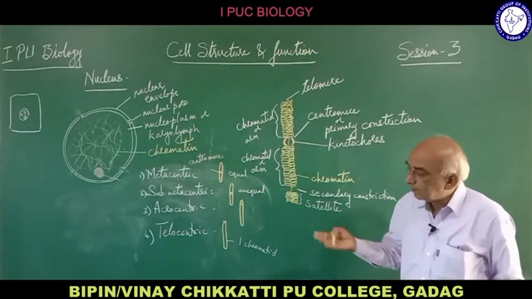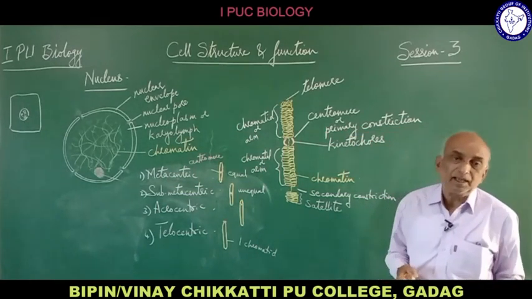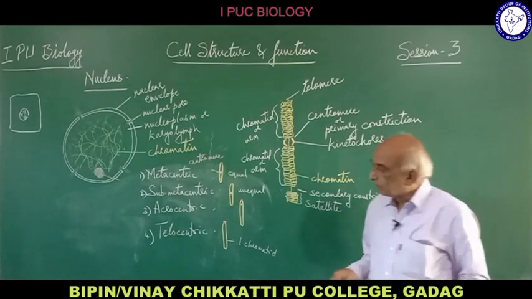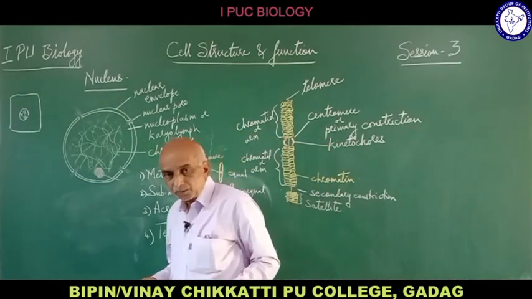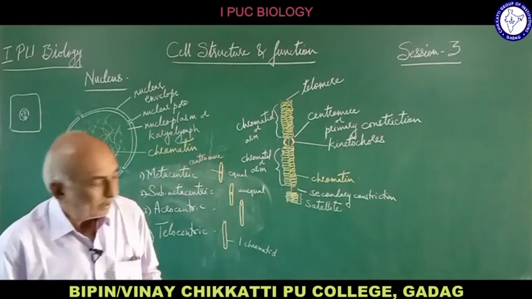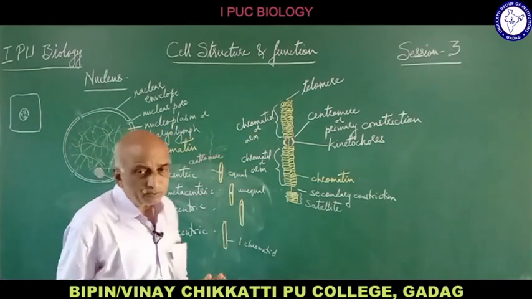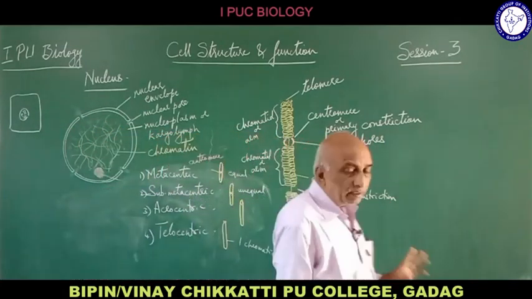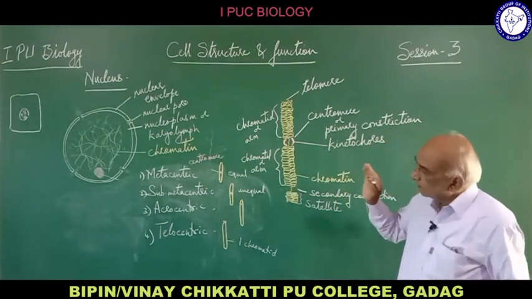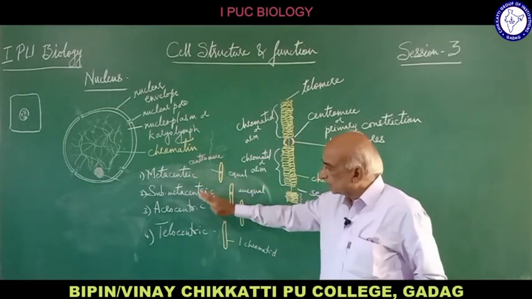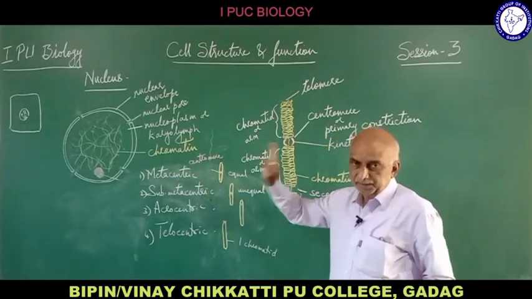Among these, telocentric is even rarer than acrocentric. So overall, the first two are the common types of chromosomes seen in a cell, and the chromosomes are constant in a species, and most of the chromosomes are metacentric and submetacentric.